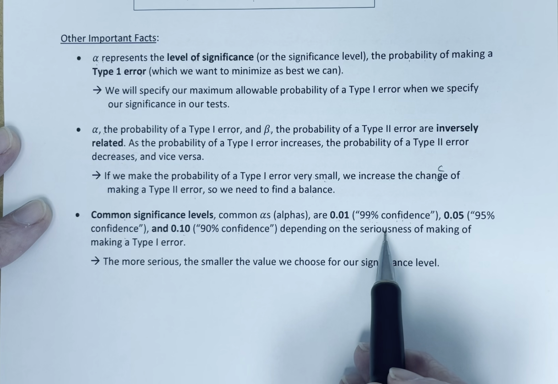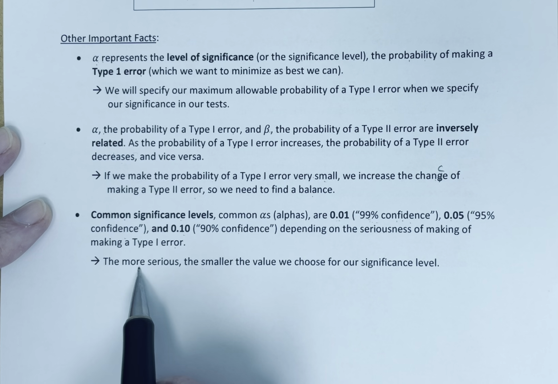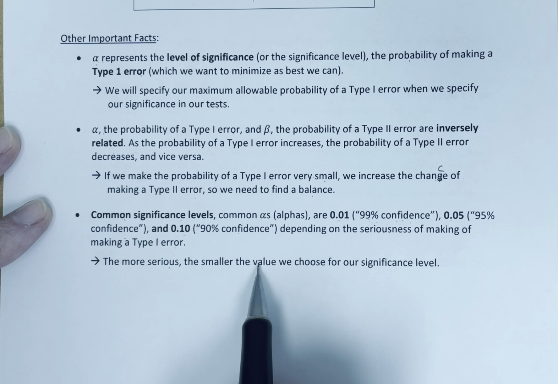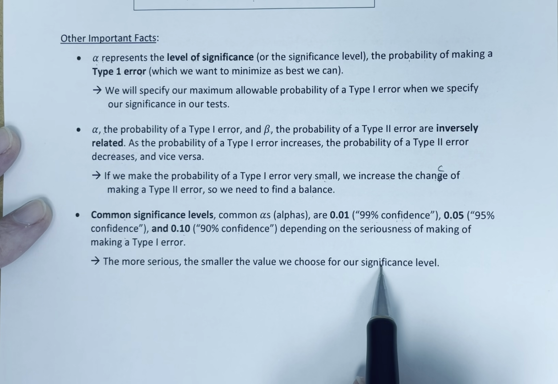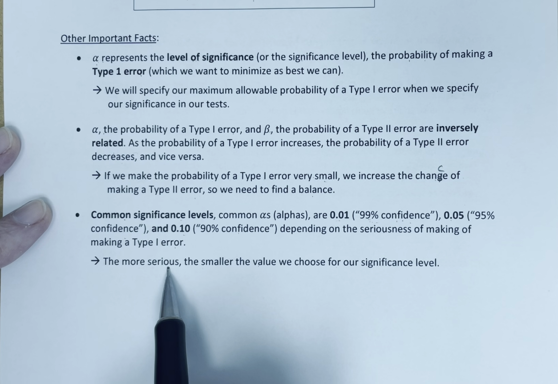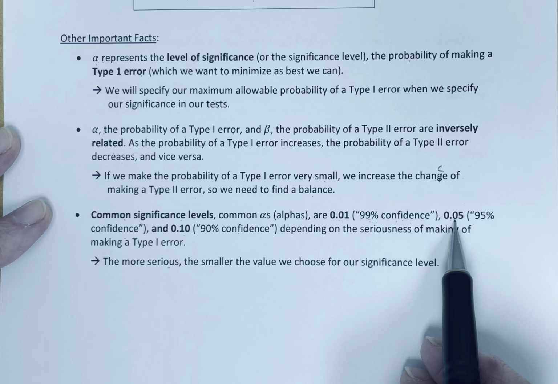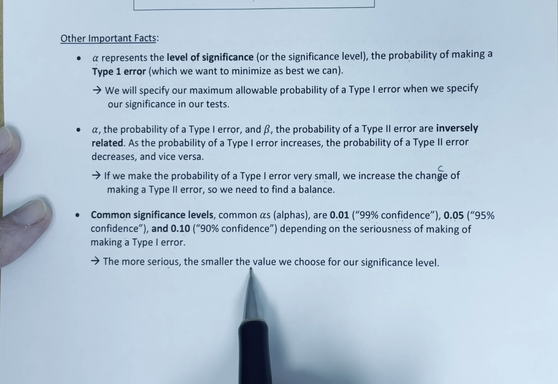And it depends upon the seriousness of making a type 1 error. The more serious the error is, the smaller the value we choose for our significance level. We're going to want to be using 0.01 as our significance level, or 0.05.